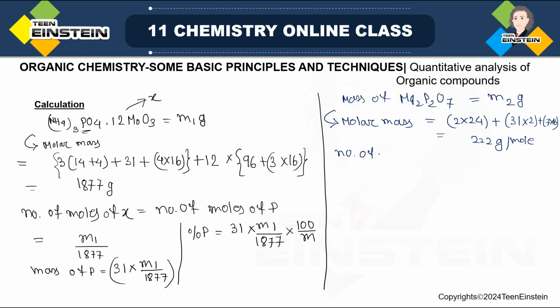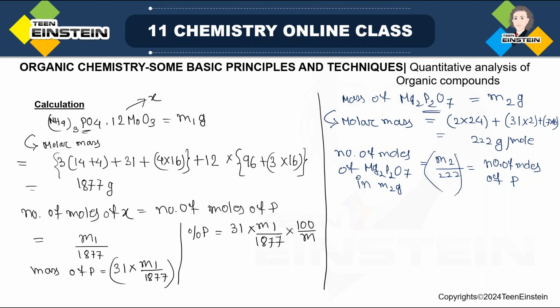So the number of moles of Mg2P2O7 in M2 gram is M2 divided by 222, but this is actually not exactly equal to the number of moles of P. It is 2 into the number of moles of P, because it is basically 2 phosphorus atoms per mole of Mg2P2O7.